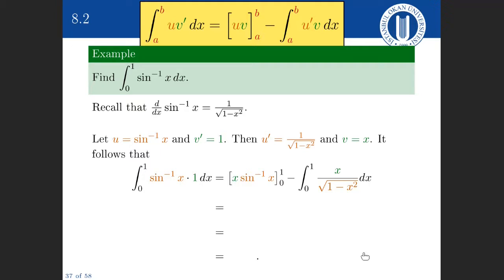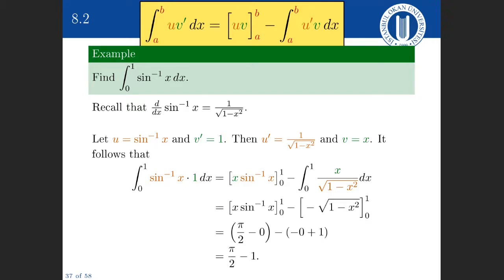And the second integral is easy to calculate. We could just use a substitution if we wanted to. I will leave the rest of this calculation for you to check. When you rewatch these videos or when you read the textbook, please check the details and check that the answer to this problem is pi over 2 minus 1.